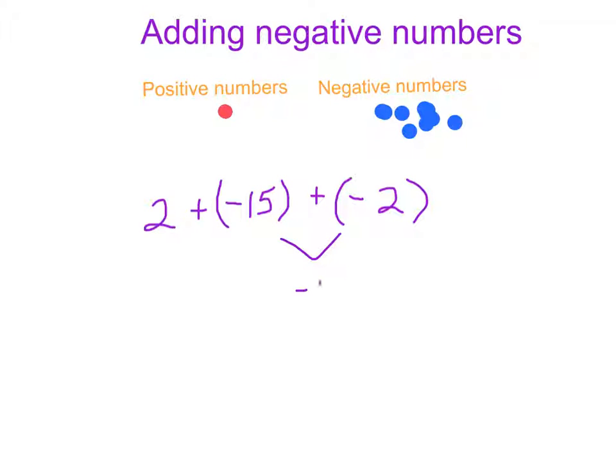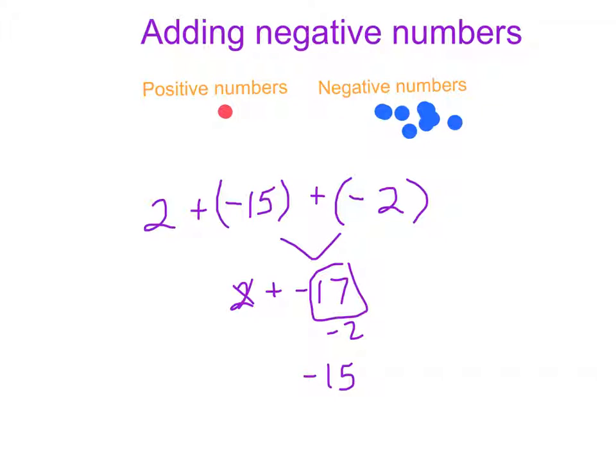I'd show it like this, and now I'm looking and I'm saying, okay, I have 2 plus negative 17, so I want to cancel this out, and I do that by taking 2 of these away to cancel these 2 out, right? And so I'd take away 2 from this 17, that would cancel that out, and that would leave me with 15 of those negatives.